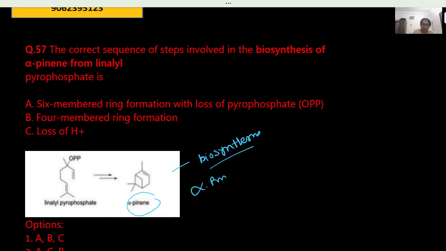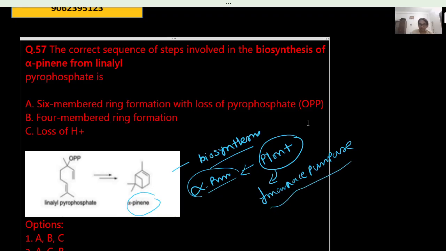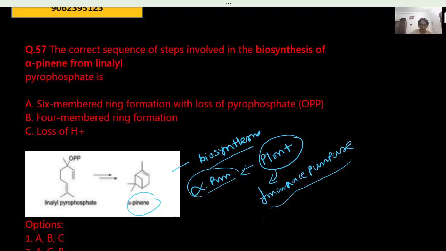Alpha pinene is a plant terpenoid, obtained from a plant or tree, and it is used in fragrances, in medical science, in food chemistry, as well as in perfumes.